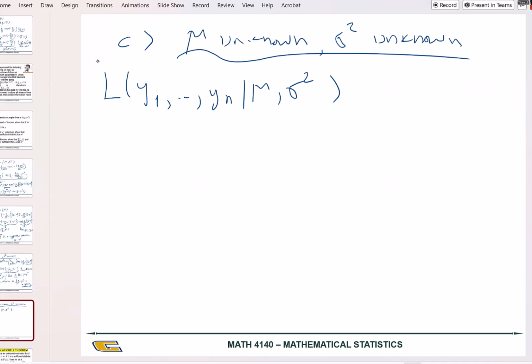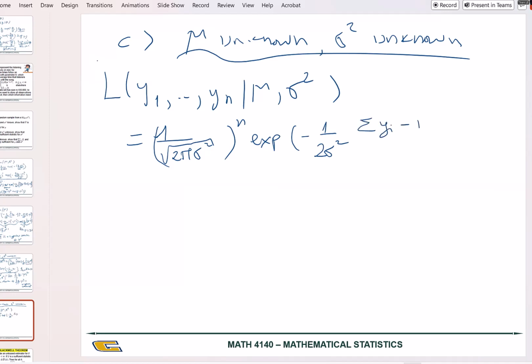Another time you can write this by exponential again. Again, I just rewrite the likelihood function first. So always the first step is that you need to write out the likelihood function. Yi subtract mu, squared.